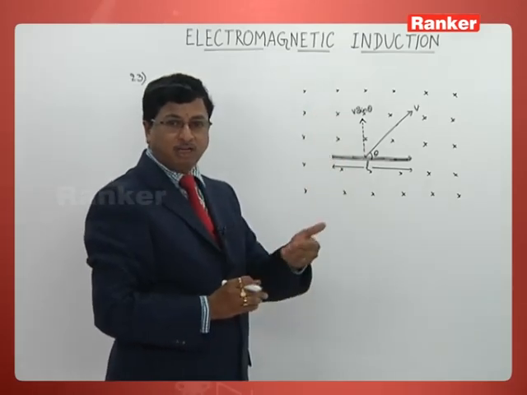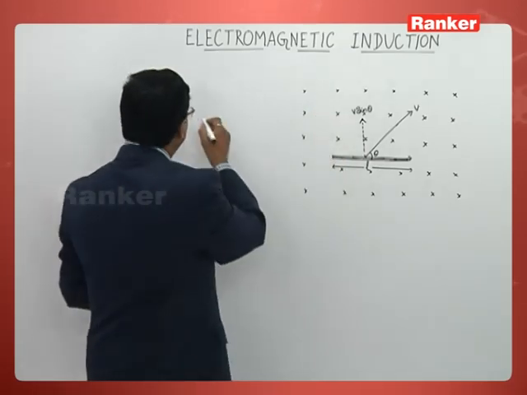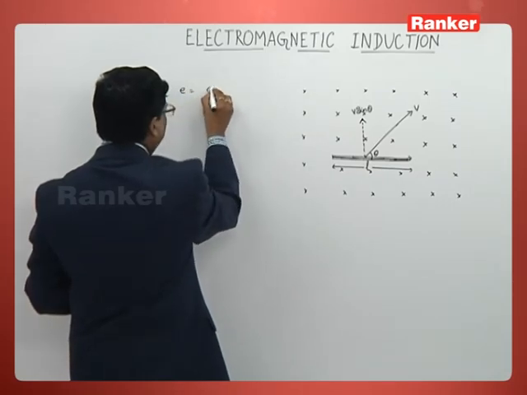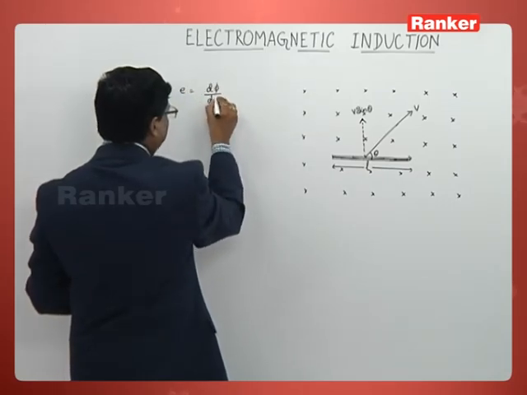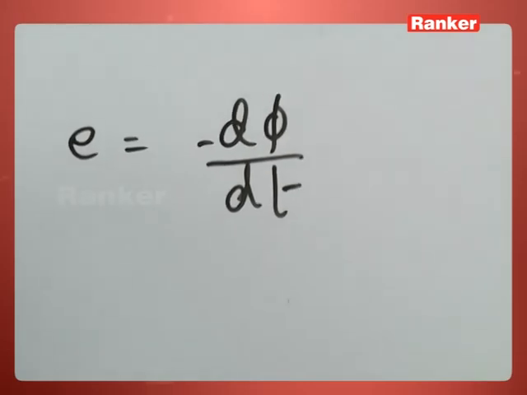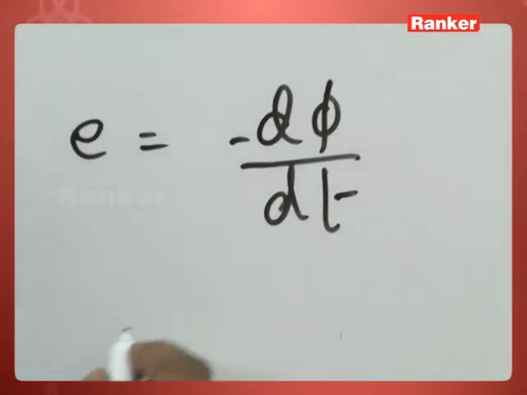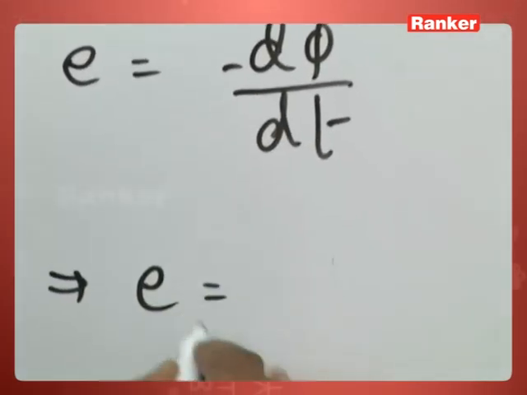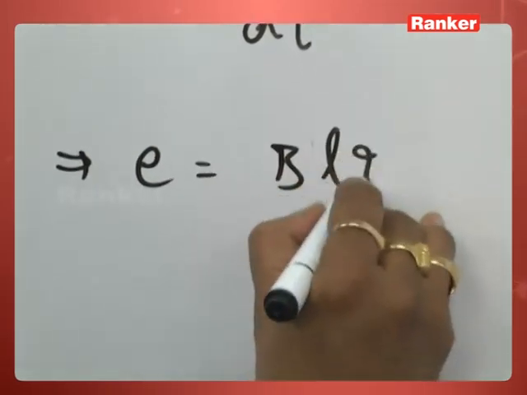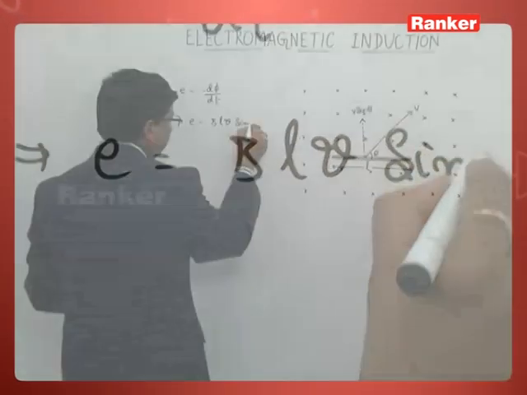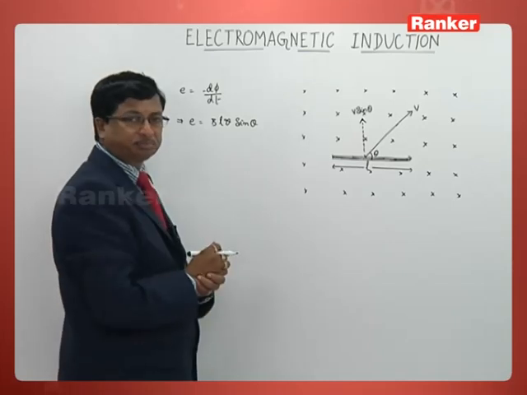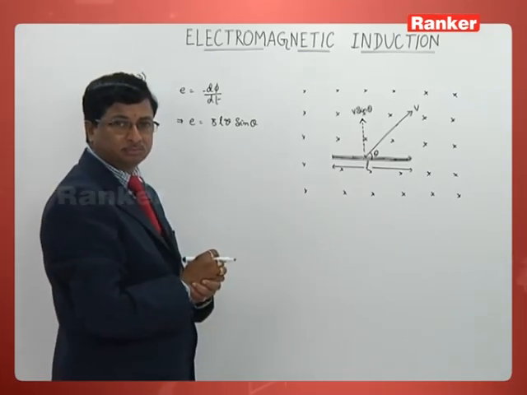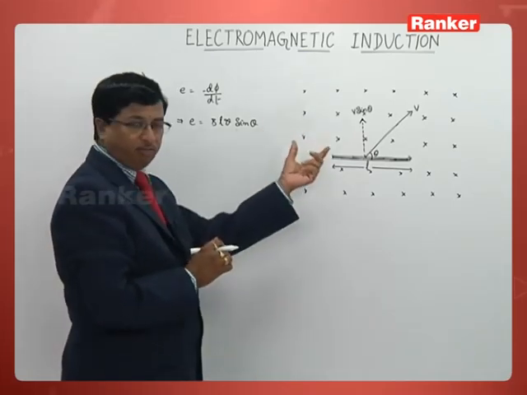And what is the induced EMF he is asking you? EMF is no doubt d phi by dt. Ultimately, what are we going to get if you simplify this one? B L V sin theta. That is the formula. In fact, V becomes V sin theta.